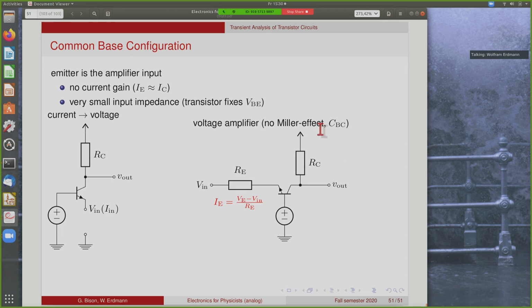Now you have a voltage amplifier, and the advantage of this type of amplifier is that you have no Miller effect here, because this point here sees essentially the base emitter capacitor, and there's no Miller effect here. So this can be used at very high frequency as an amplifier.